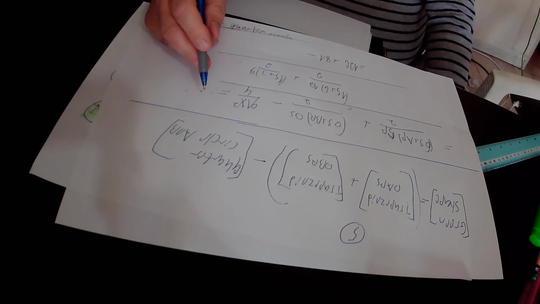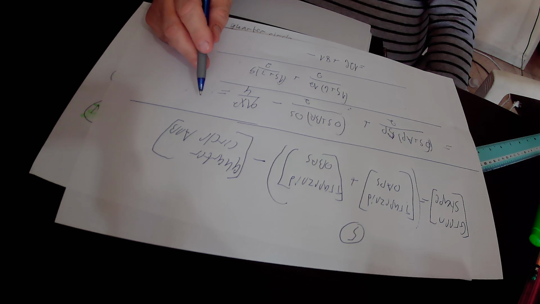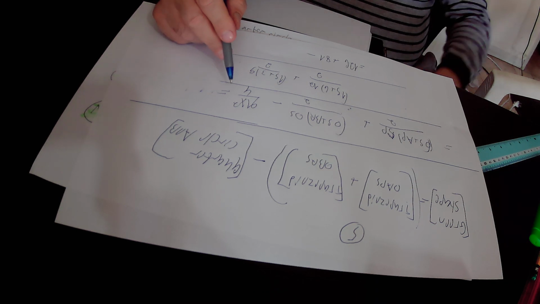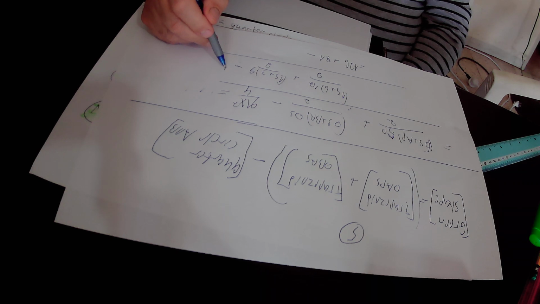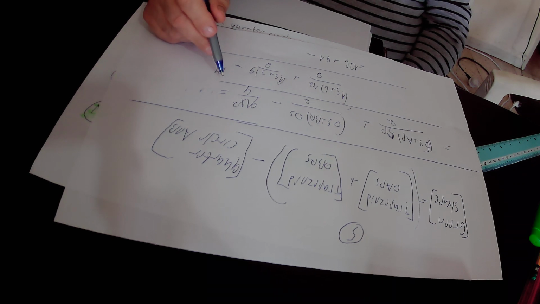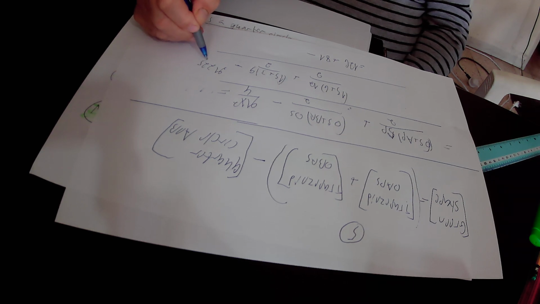minus the area of the quarter circle OAB. The area of the quarter circle AOB equals pi x squared over 4. So it is pi, x is 15, therefore x squared is 15 squared, that is 225 over 4.